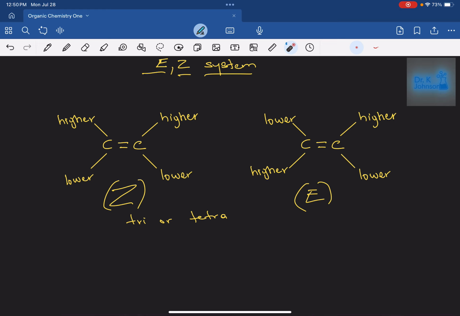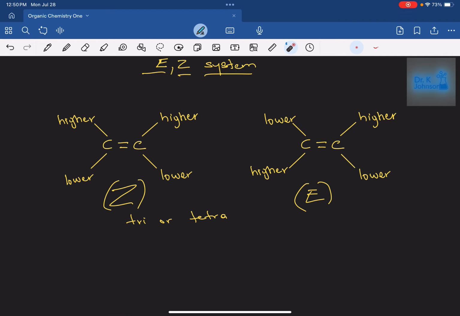I'm going to use a couple of examples, three examples, to explain this. First, determine if it's tri- or tetra-substituted, because a lot of questions will not tell you if you should use E or Z. You have to determine that. Just remember that for you to use E or Z, it must be a tri- or tetra-substituted alkene.